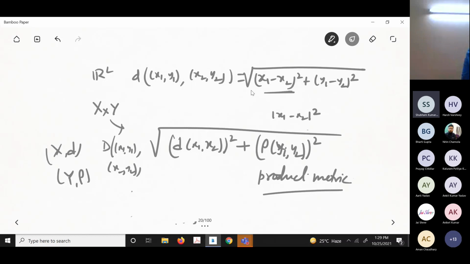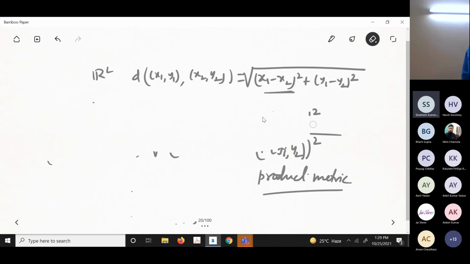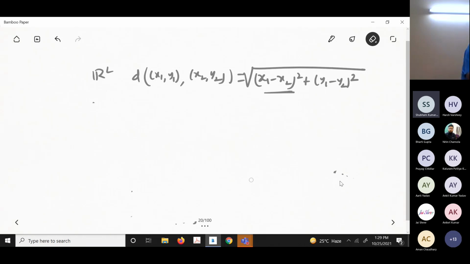Now look, on R square I could give two more equivalent metrics. Here I have this, I could simply give another metric. Suppose you call it D1 or D2. I am giving this.